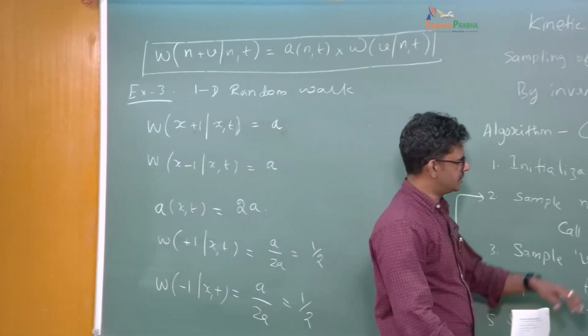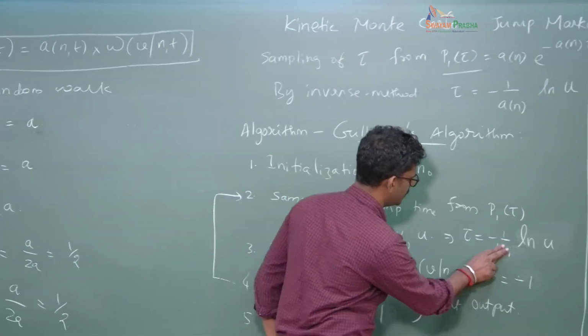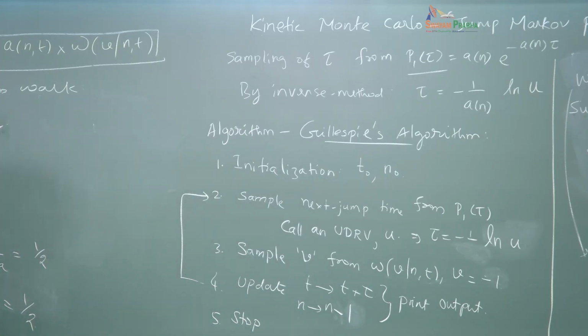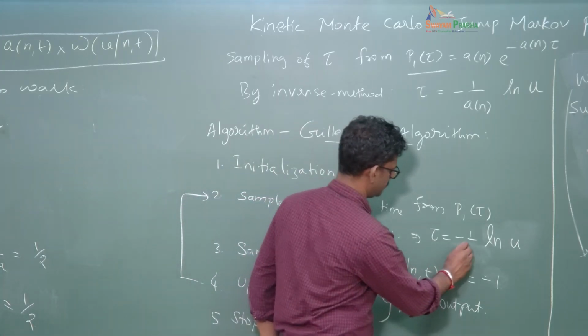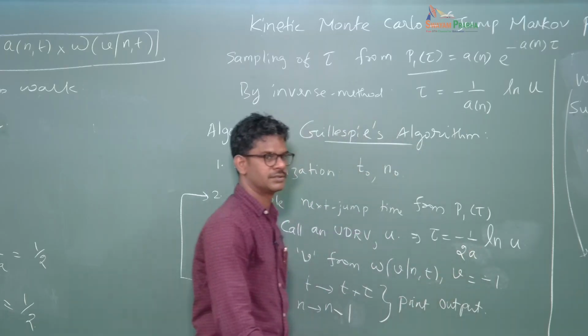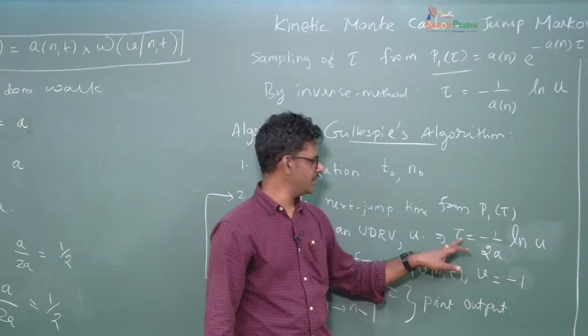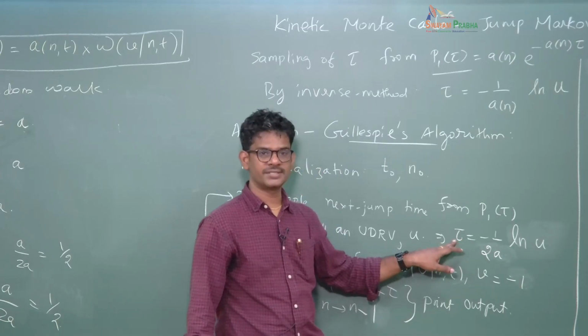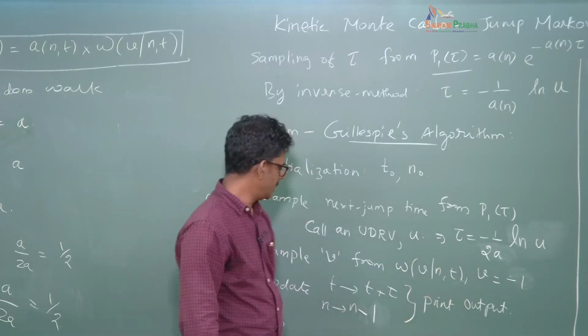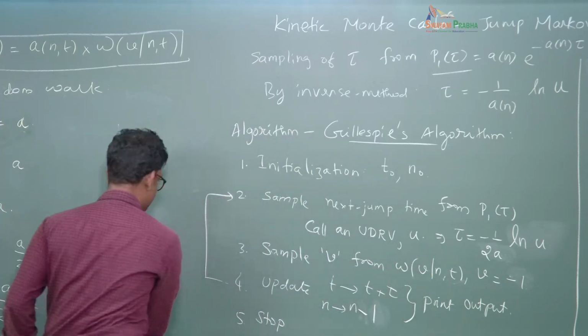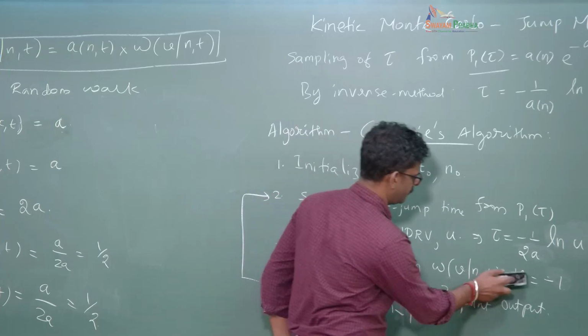So, if I come to this particular condition, here I would have 2a, because this is a total rate a plus a, 2a, and then you will sample the next jump time from here.